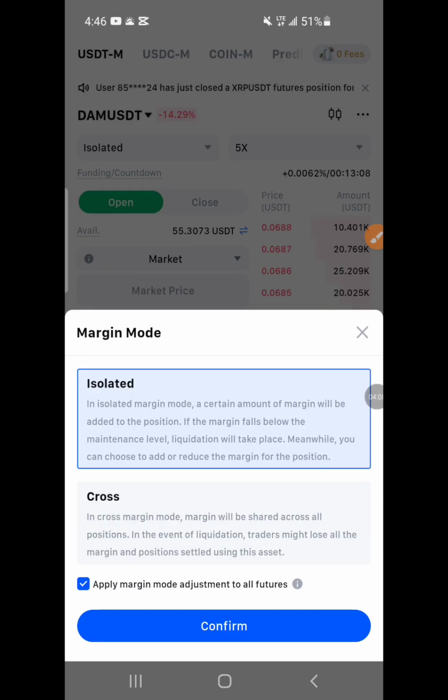Let's say you enter the trade with $10 and it happens that you hit your stop loss. Then after hitting your stop loss, it will not stop there on that $10 that you used to enter the trade. It is going to tamper with your balance. Let's say your balance is $50, it is still going to enter into that $50 and start eating it up. So make sure you are always going to leave this as isolated.